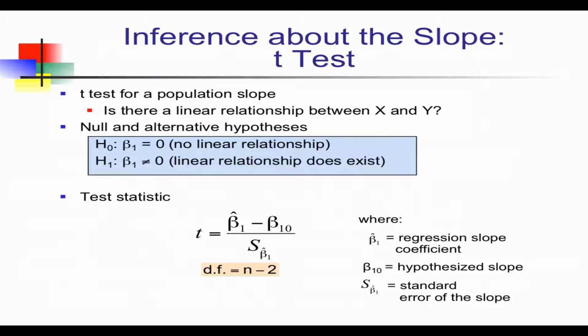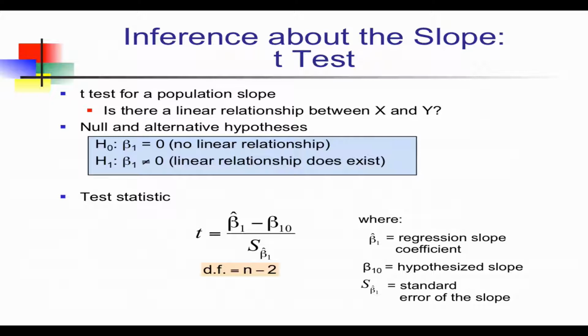Suppose this is my y and this is my x, and these are two measurements of the same quantity. Your null hypothesis now is not that y and x have no correlation. Your null hypothesis is that when x increases 1 unit, y should increase exactly 1 unit. So your null hypothesis is that the slope is a 45 degree line.